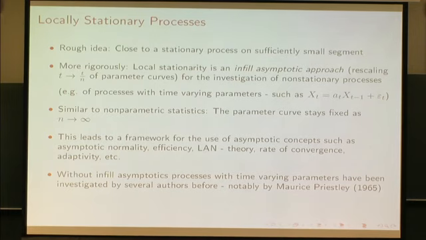Very important to say, without infill asymptotics, processes with time-varying parameters have been investigated by several authors before, notably by Morris Priestley and by many others, and there are still many papers without these infill asymptotics.